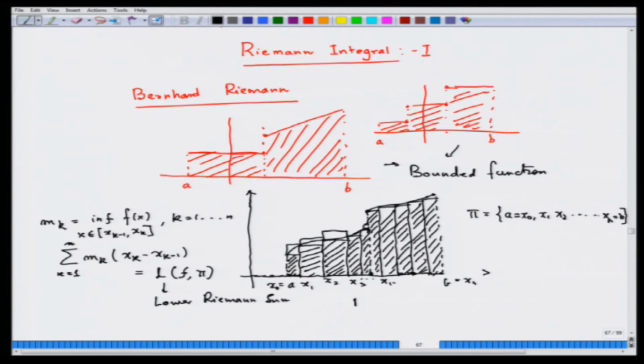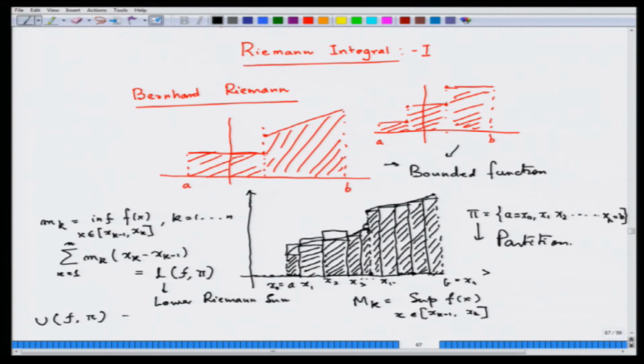If you write m k as the supremum of f x when x is lying between x k minus 1 and x k, then you can similarly compute what is called the upper Riemann sum, U f pi, where pi is called the partition.